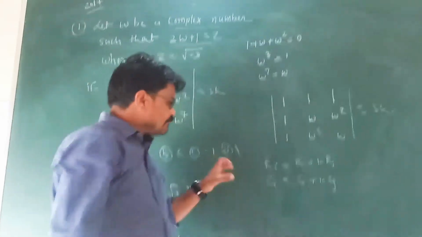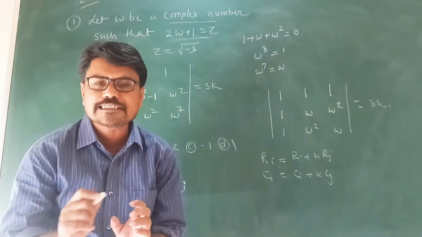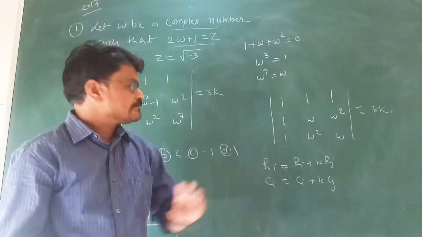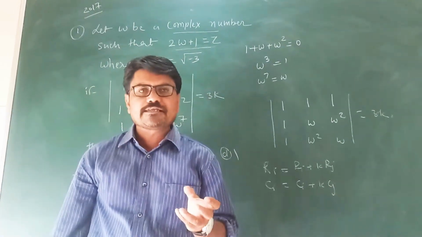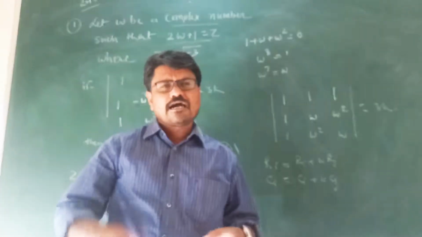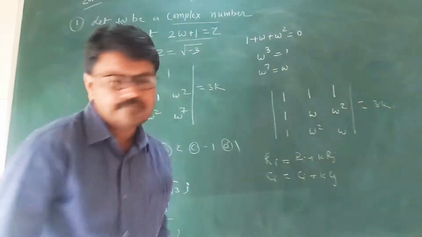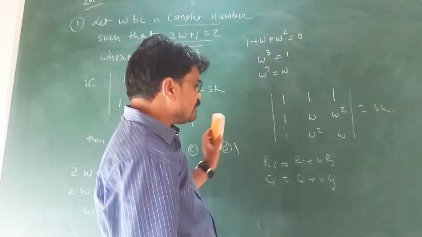By applying these types of elementary operations, there will be no change in the determinant value. That property is called the invariance property of the determinant. Very famous property. Almost in every problem we have to apply that property, correct? So we will apply it here.